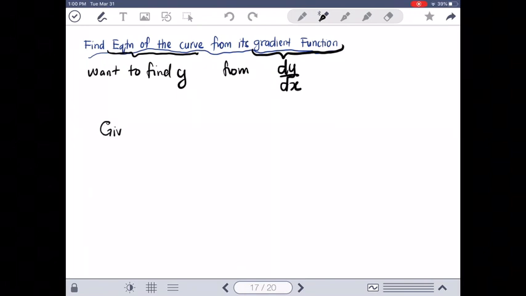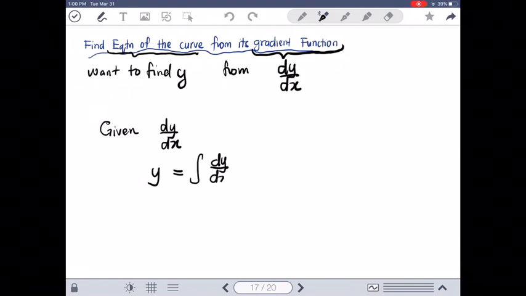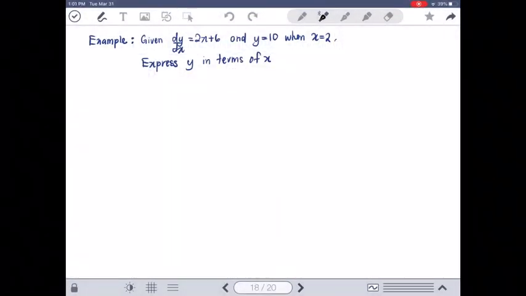If we are given dy over dx, it means that if we want to find y, we need to integrate dy over dx. To find the equation of the curve, we need to integrate the gradient function. Now let's have a look at how to solve this type of problem.